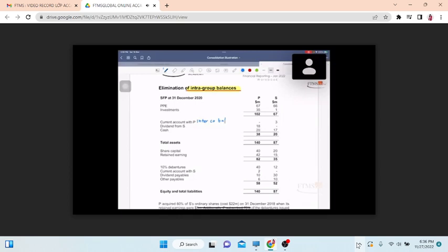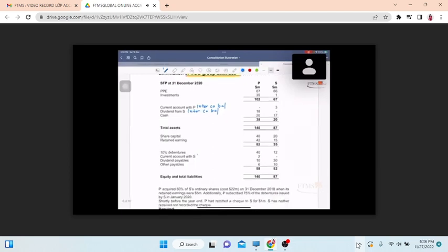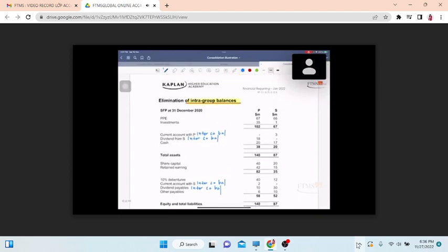Then dividend from S, so this is actually dividend receivable, so it's also an interco balance. Then current account with S is also an interco balance, and dividend payable also. As you can see, the whole thing is filled with intercompany balances. That's what the name of the question implied.